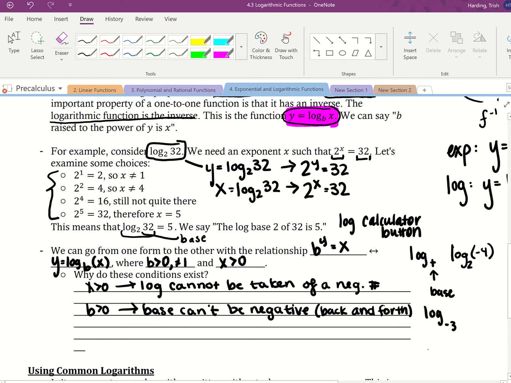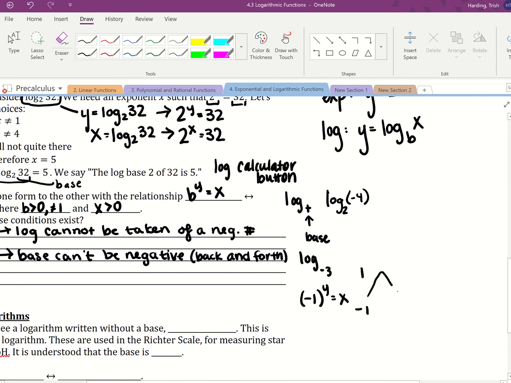So, for example, if we had -1 to the y equals x, when y equals 0, we would go between 1 and -1. So it would just go back and forth between 1 and -1. So we would have a graph that looks something like this. Not one-to-one, so it wouldn't have an inverse.